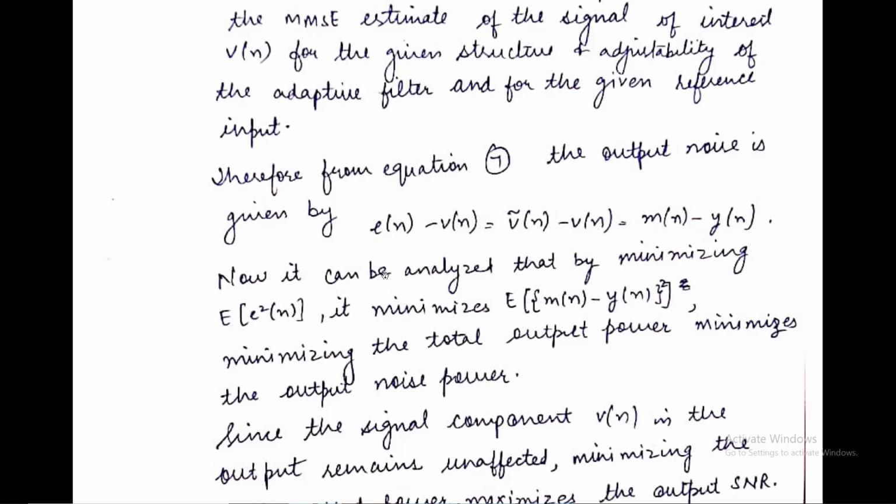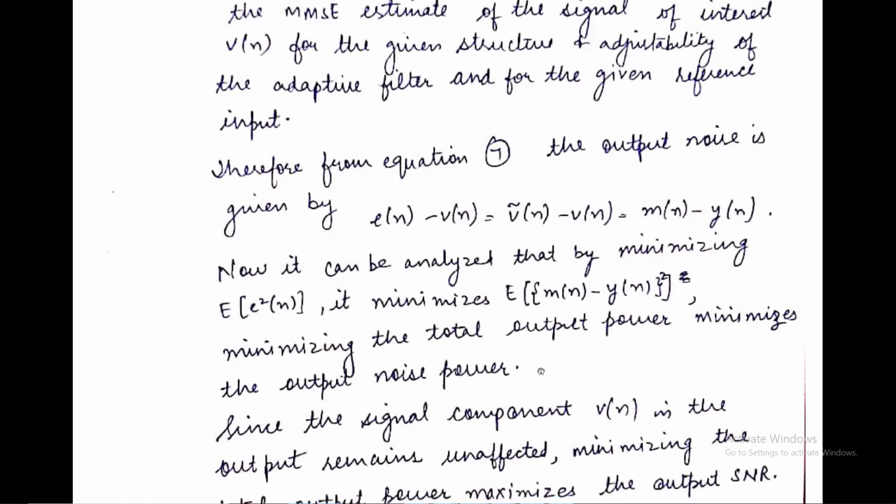Now it can be analyzed that by minimizing this mean square error, it minimizes the expectation of Mn minus Yn whole square, which further minimizes the total output power, and it minimizes the noise power. So we can say output noise power.